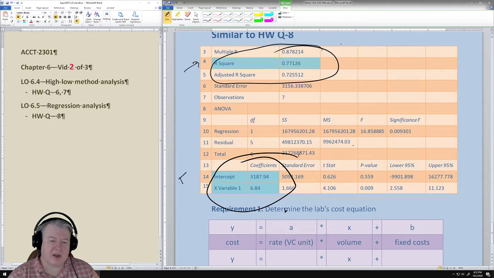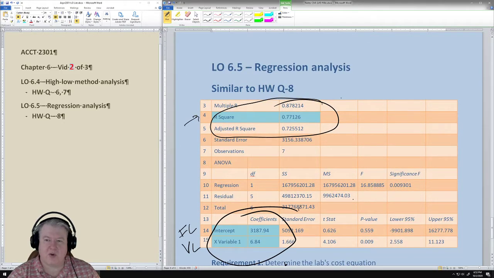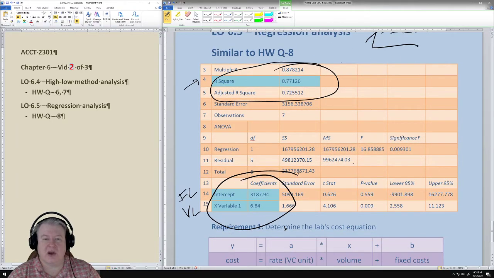Remember the intercept, that's our fixed cost, and the x variable is our variable cost. Because remember the intercept, that's where this line crosses 0. In other words, that's our fixed cost line. If we had 0 production, we still had to pay the rent. So those are the three numbers.